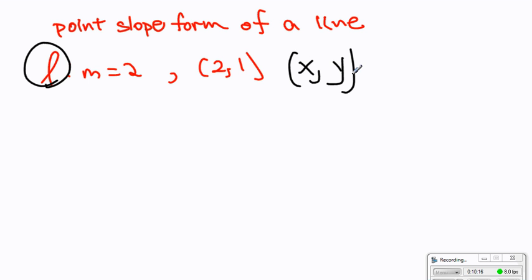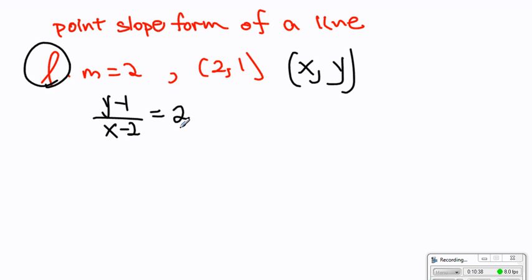Then since the slope is equal to 2, what we can say is x minus 2 goes to the denominator, and then y minus 1. You see, we are writing the slope formula, y2 minus y1 over x2 minus x1. That should be equal to 2 all the time, as long as x and y are on that line.